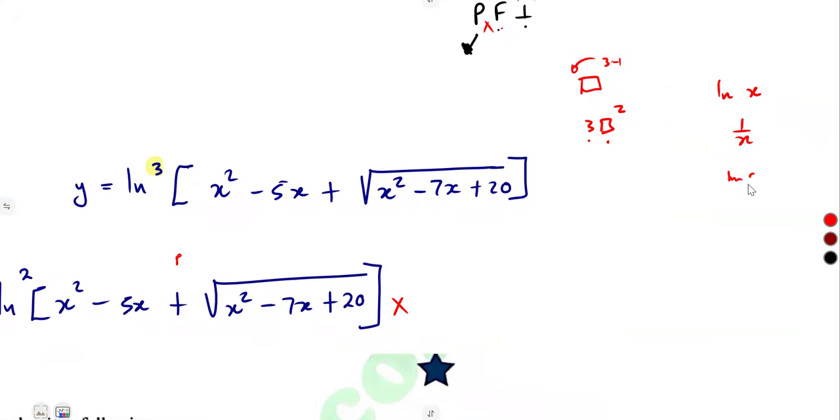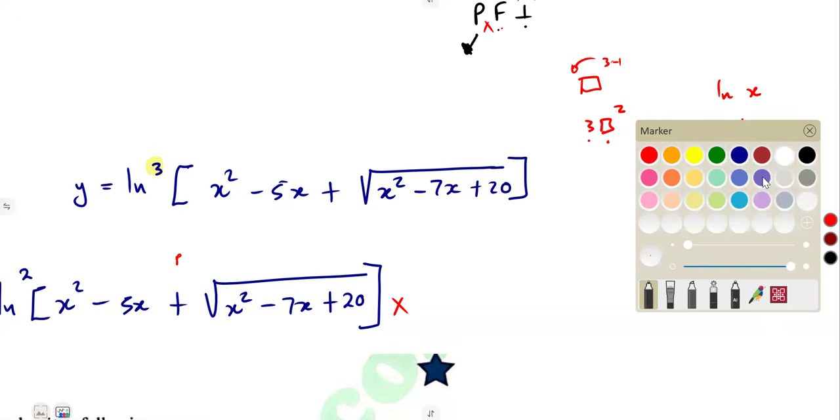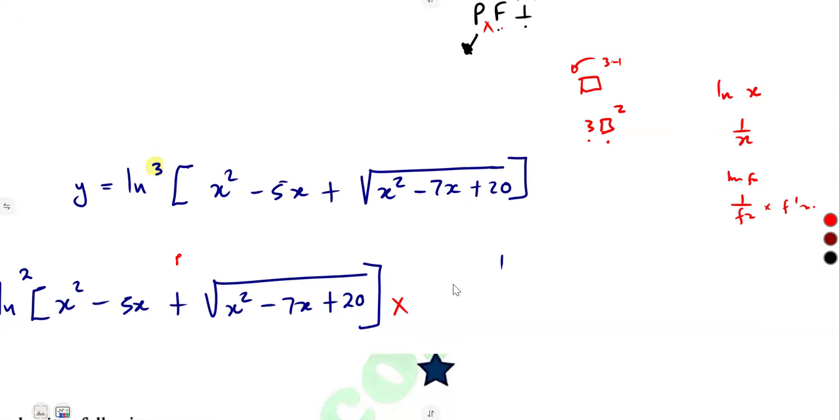If it is ln of a certain function, it's going to be 1 over that function times the derivative of the function. So it's 1 over this whole expression that you're given: x squared minus 5x plus the square root of x squared minus 7x plus 20.